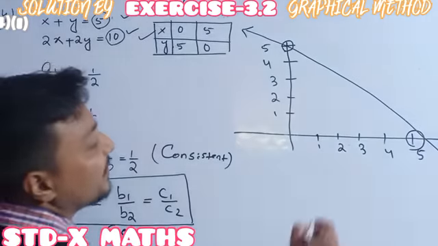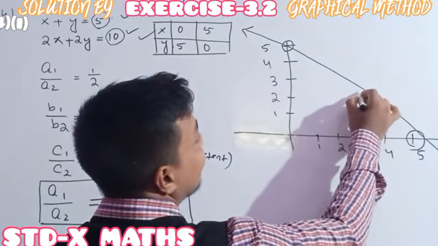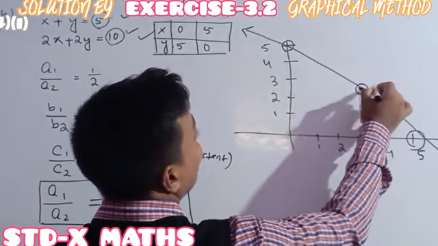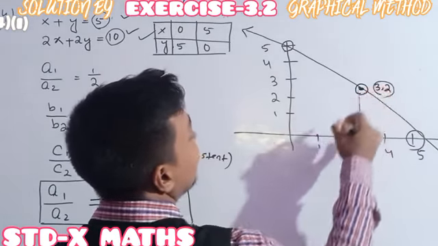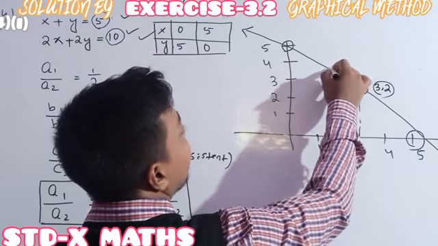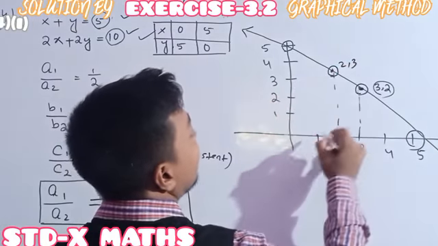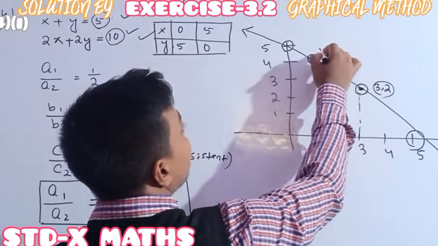So whatever point lies on the line is a solution, sir. 3, 2 is one of the solutions. Here it is 2, here it is 3, so 2, 3 is another solution. Here it is 1, 4, which is also another solution.